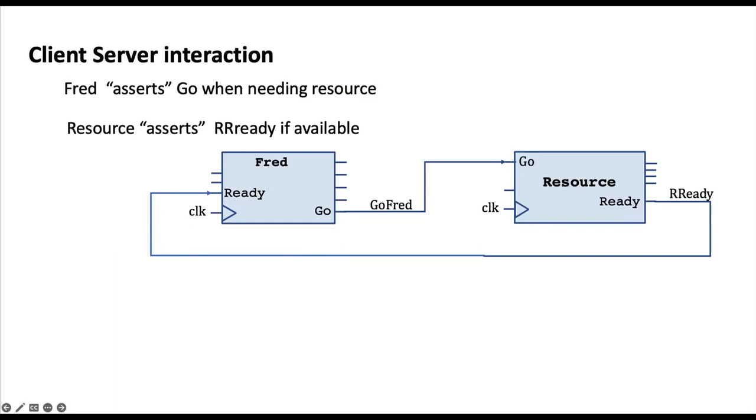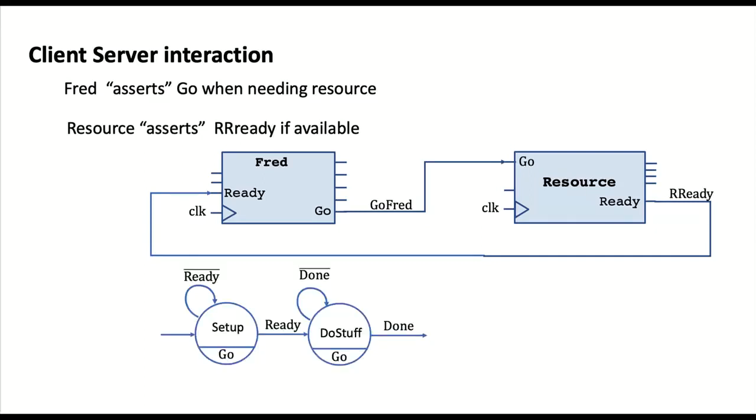Now in your state machine, the LED processor doesn't need to tell you it's ready. It's always ready, so not a problem. And what would Fred do? How would Fred operate? In Fred's state machine, because Fred has to have a state machine, of course, when Fred wants to do something with a resource, Fred will go into a state, I called it set up here, and it will assert go. It'll make go high, and then it'll wait until the resource says it's ready.